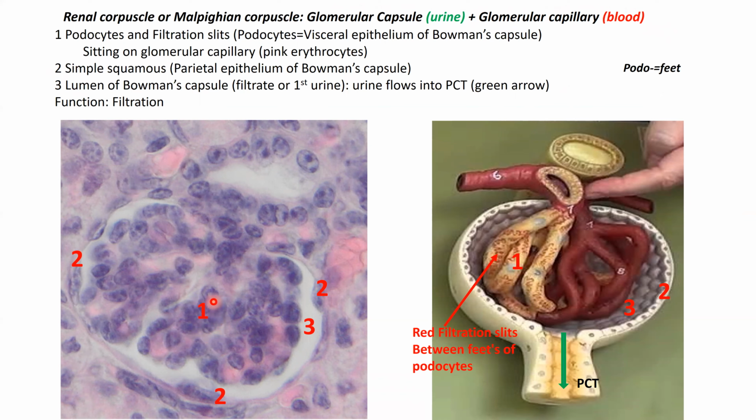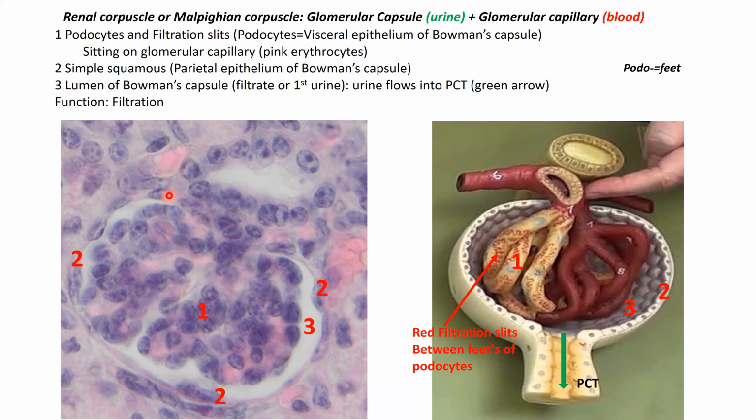Number 1 is these purple round podocytes that have filtration slits, making the visceral epithelium or visceral layer of the Bowman's capsule. Number 2, you can see the flat nuclei all around.